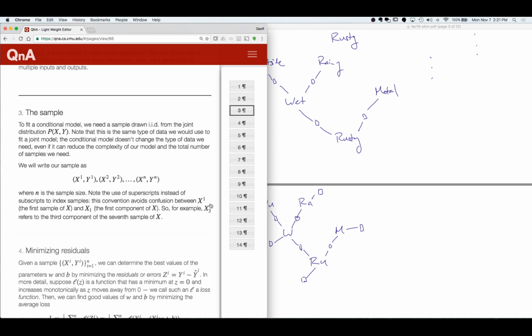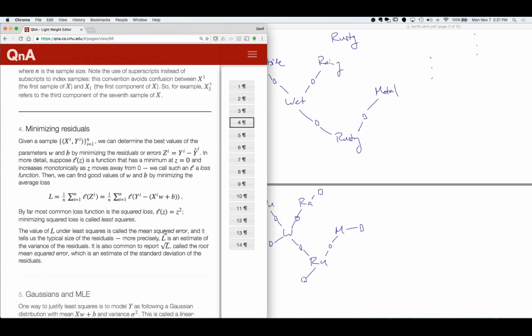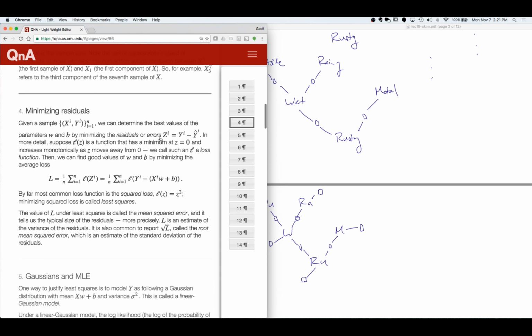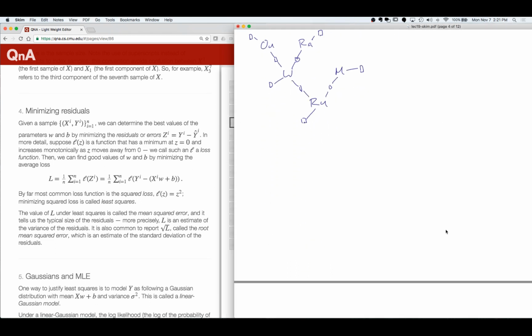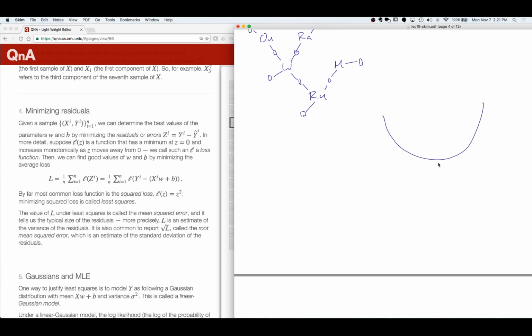All right, given that sample, we're going to minimize residuals. What is a residual? A residual is the difference between the true value of y and the predicted value of y. And what do I mean by minimizing them? I mean making them all small. But how do I trade off between making some of them small at the expense of making other ones large? The way I do that is with a loss function. A loss function is just a function that is shaped like this, meaning that it has a minimum at 0 and it increases as we move away from 0 in either direction.